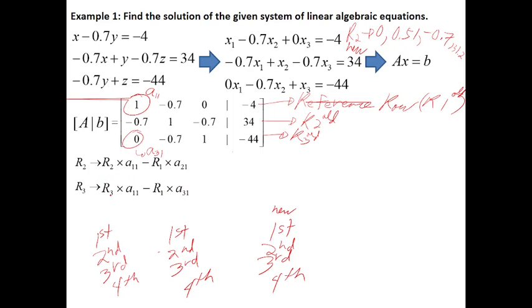R3, kung nasa ang location ng gagawin mong 0, saang row ang location ng gagawin mong 0? Nasa third row. I-multiply mo siya sa element na nasa major diagonal. Okay?